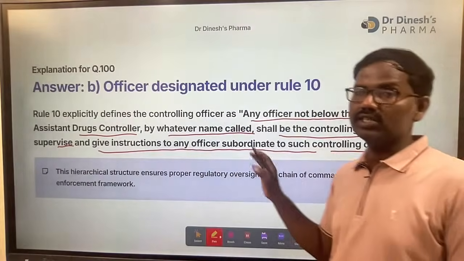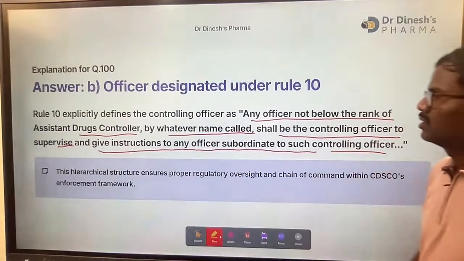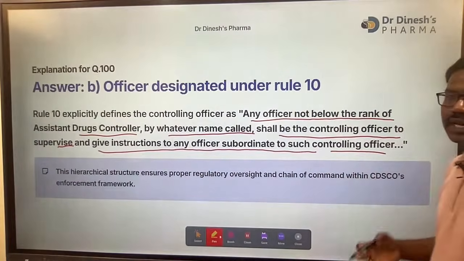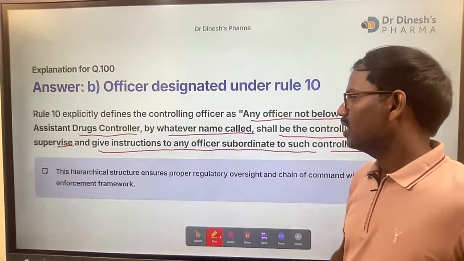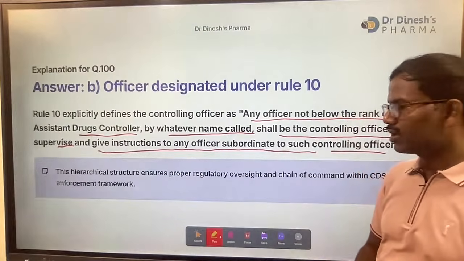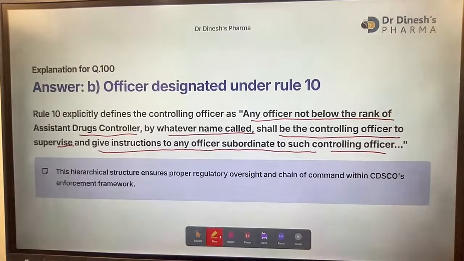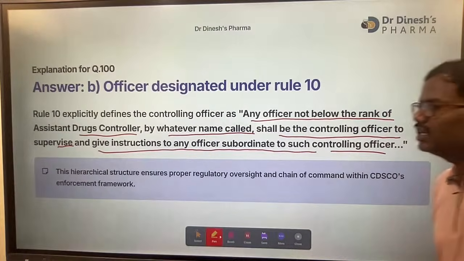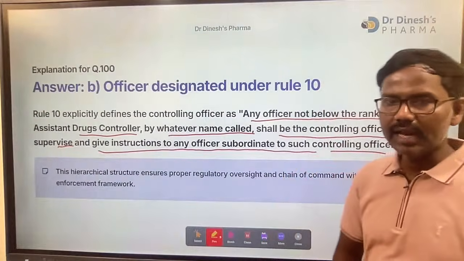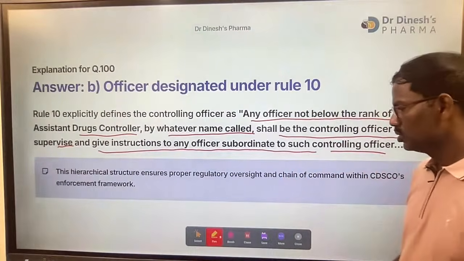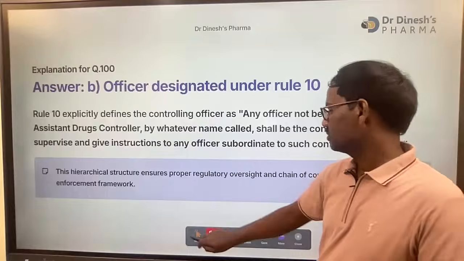This hierarchical structure ensures proper regulatory oversight and chain of command within the CDSCO enforcement framework.